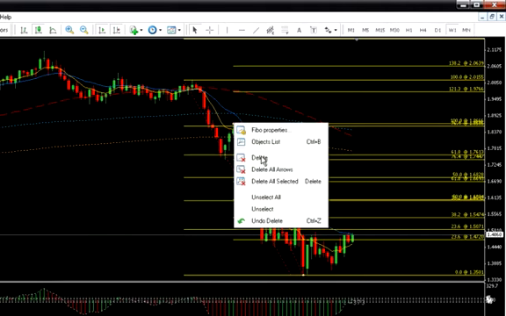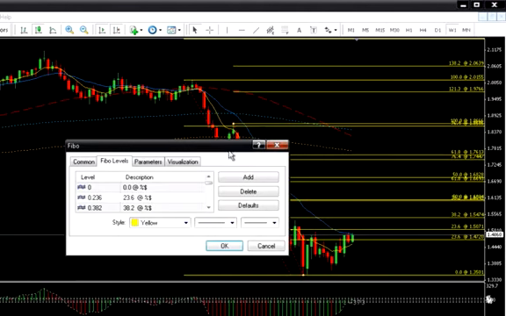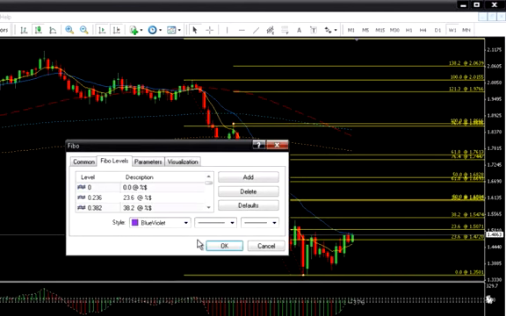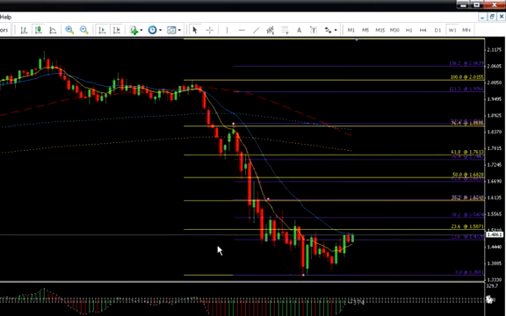That's the thing I do. So I've got a colour scheme that I use for longer time and shorter term Fibonaccis. Now I'll make that purple for the weekly. Now this is my scheme. I have yellow for monthly, purple for weekly, and then other colours for short time frames.